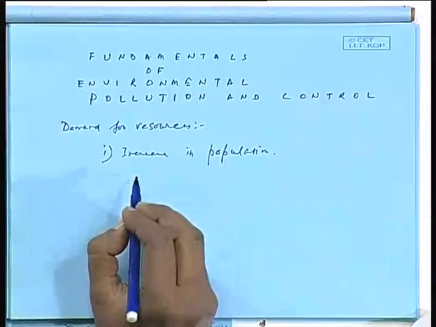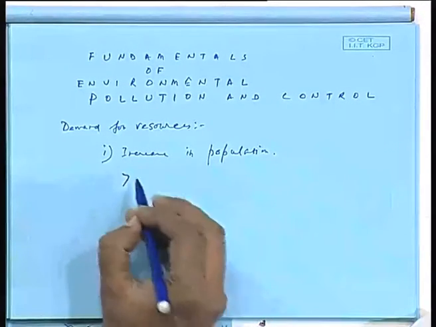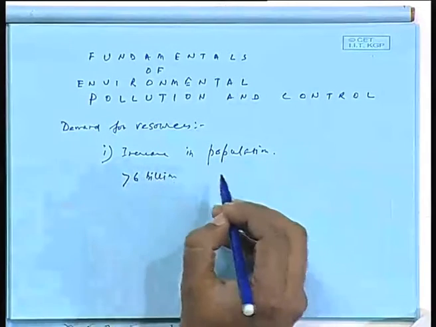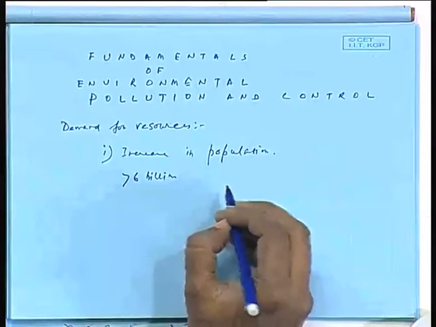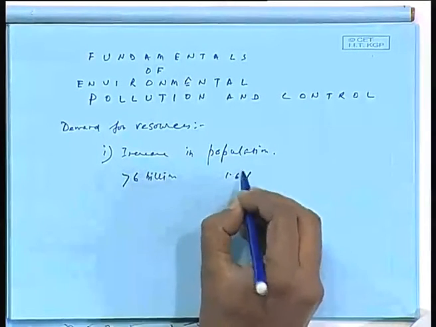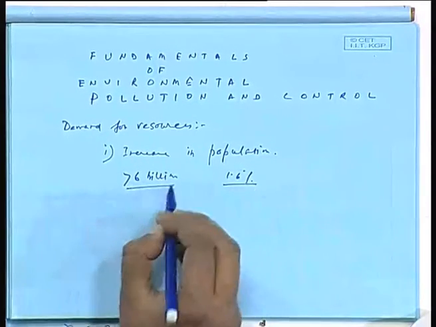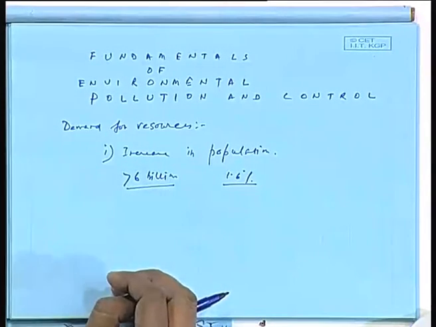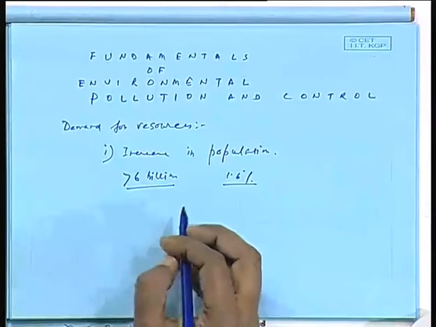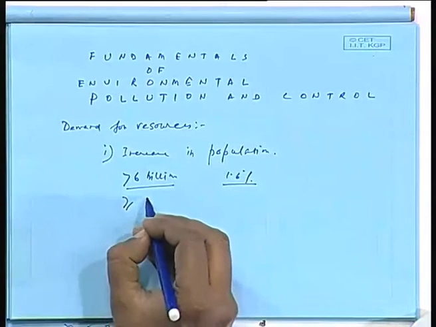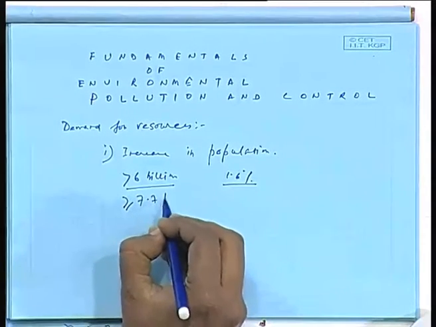Today we have somewhat more than 6 billion people, about 6.25 or 6.3, growing at a global growth rate of 1.6%. It is projected that by 2020, it would be more than or equal to 7.7 billion.